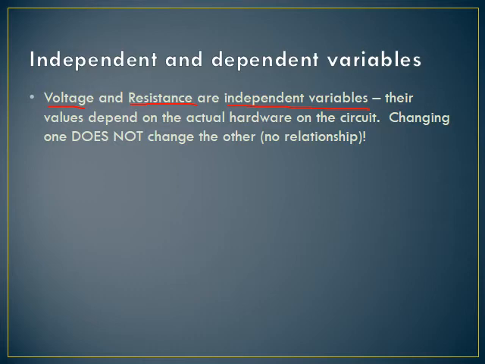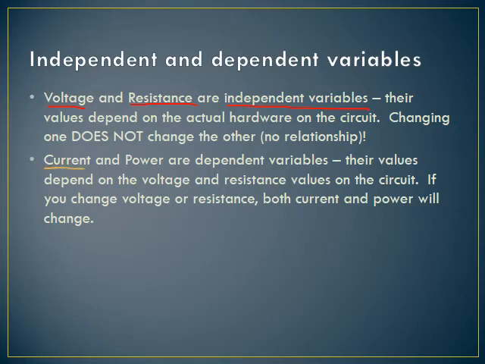So changing one of these things, like voltage, is not going to affect the resistance. If you change the battery, it doesn't make it harder for the electrons to go through, and vice versa. So the battery doesn't add resistance, and the resistance doesn't add or change voltage.